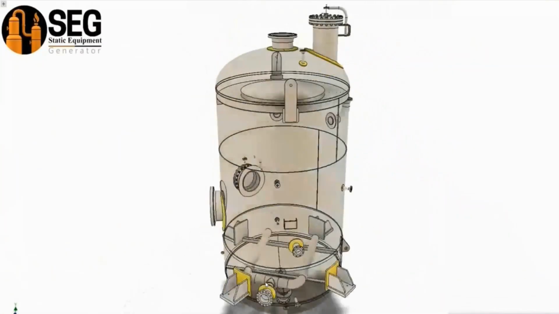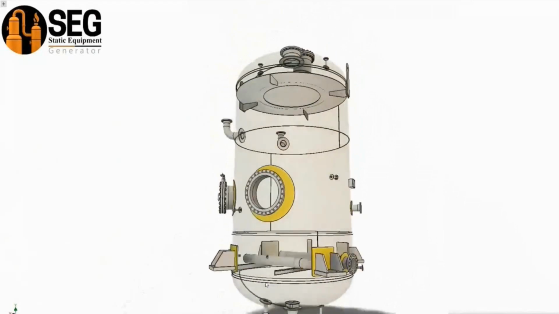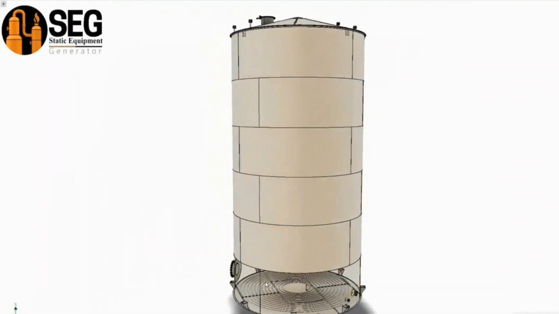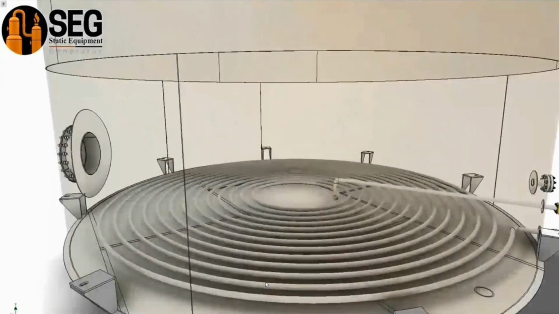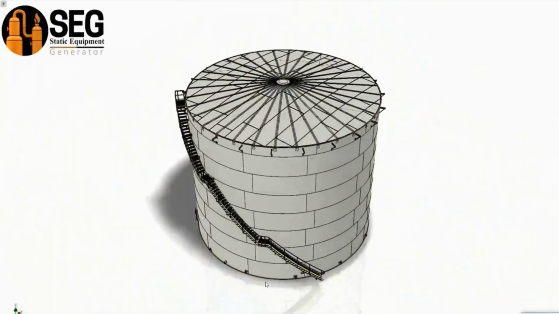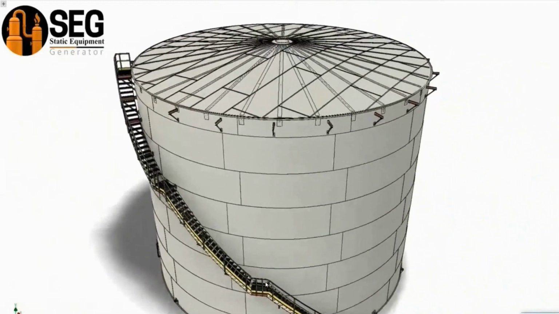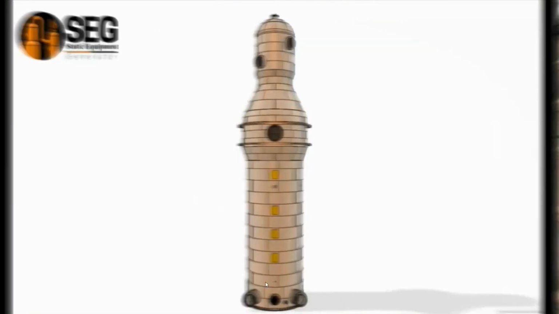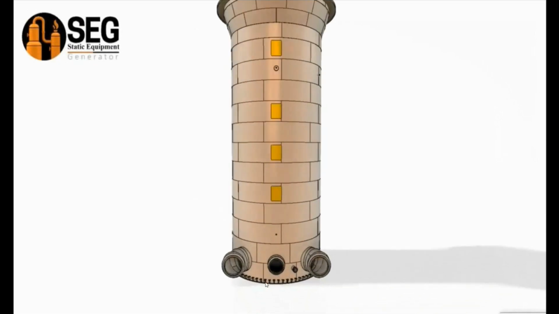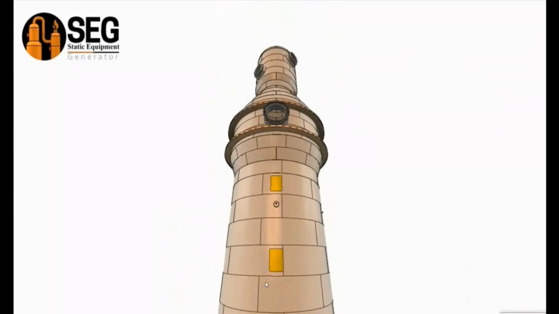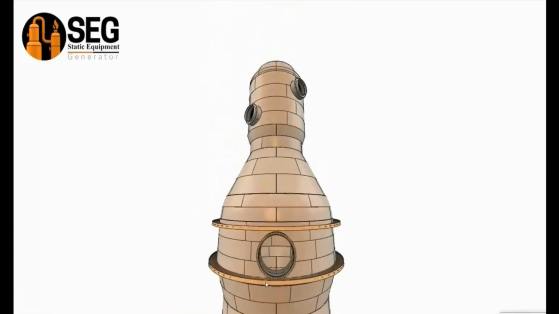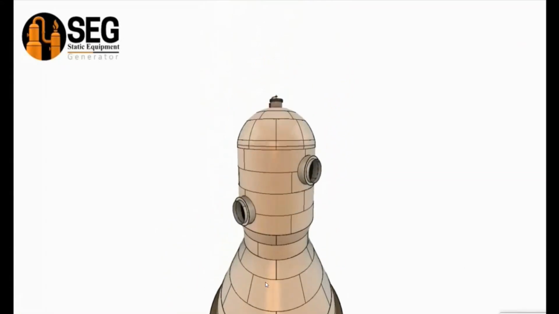Another vertical vessel with some internals. A storage tank with a heating coil at the bottom. Another storage tank with a spiral stair and a simple roof structure. A reactor, and you can see the detail of the plate arrangement for this reactor.